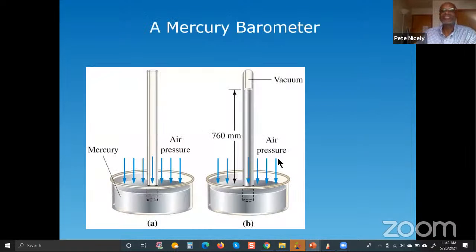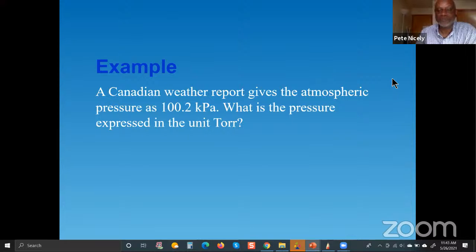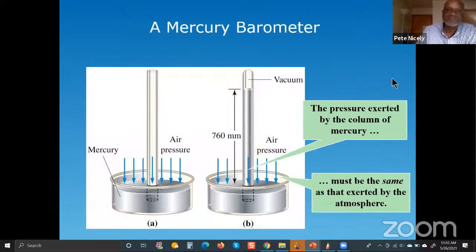Now, the way this particular millimeter mercury unit was obtained is from this setup right here. So what you see here are 2 troughs filled with mercury. And mercury is a liquid of choice for one important reason, which I'll talk about later on. But for now, just accept that mercury is a liquid of choice that is used in these setups, all right? Now, in this trough, we have a tube where both ends are open, all right?